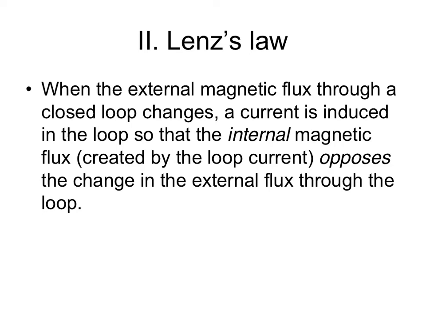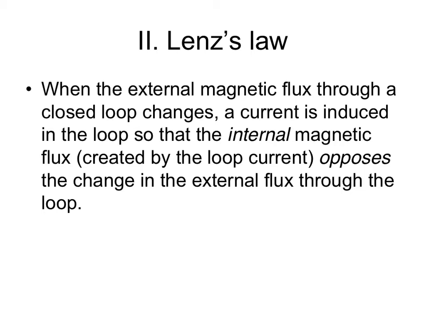Now, to try to clarify this external magnetic flux, this is created by some externally imposed field. So the idea is you have a loop of wire, for example. It's in a magnetic field. That magnetic field is created by other magnets or other currents far away that may or may not change, but they are not produced in any way by this loop of wire that we have.